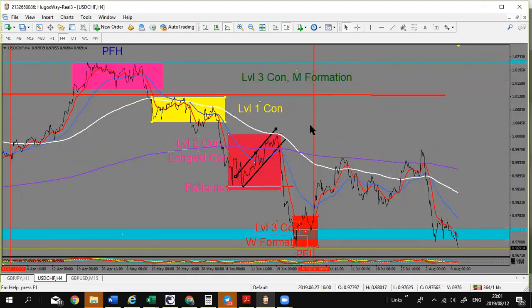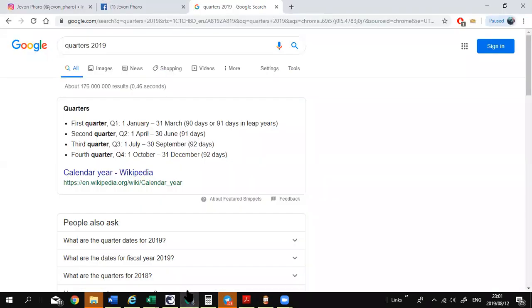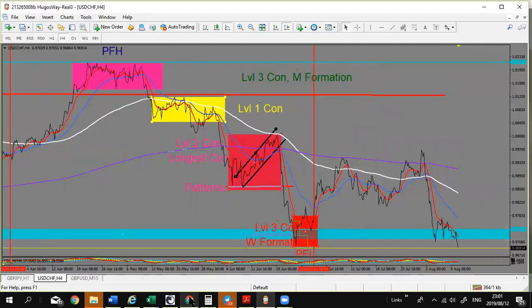Now, keep in mind, this is the beginning of a new annual. The next annual starts on the 1st of October. So at the moment, we're in the third quarter, and this is obviously a market reset. Everything over here.